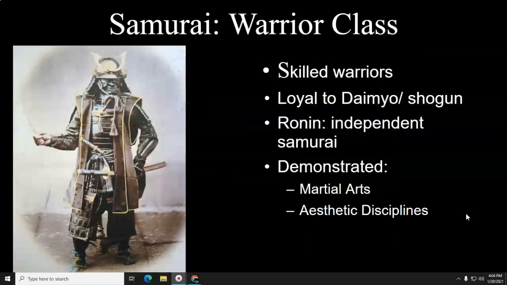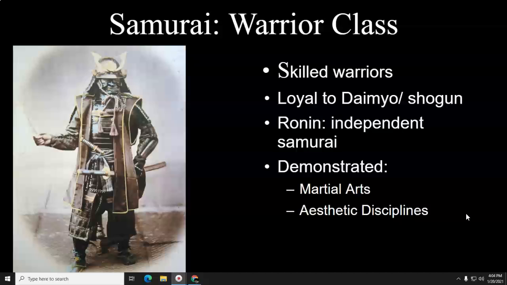The samurai are the warrior class, and there is a colored photo of a samurai. They were skilled warriors. They were loyal to the daimyo, and above that, the shogun. Again, the ronin were independent. And when they were tested by their daimyos and shoguns, they had to demonstrate both martial arts and aesthetic disciplines.